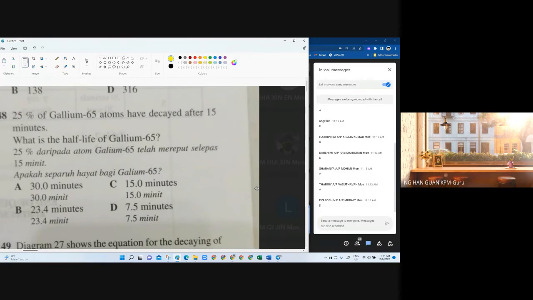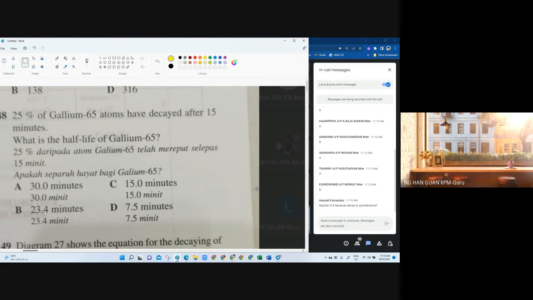If not 50%, then you cannot just simply predict based on the linear ratio. Cannot. I repeat again: if there is no complete one half-life, which is decreasing by half, for the time taken you cannot just base on the linear ratio to do the calculation.